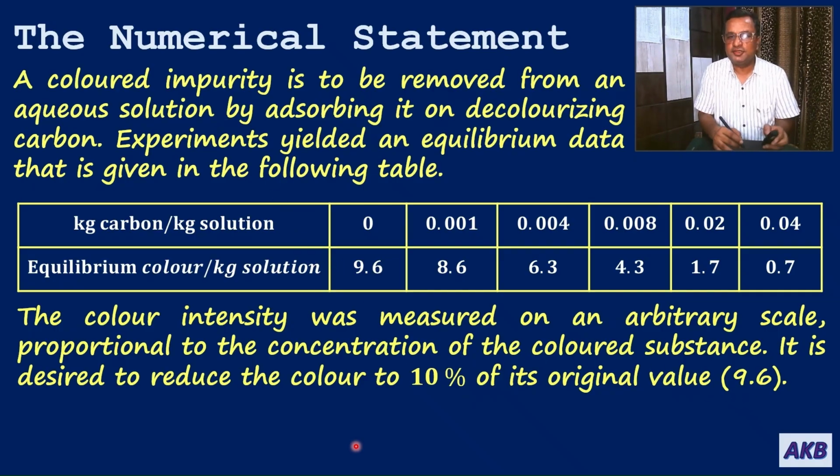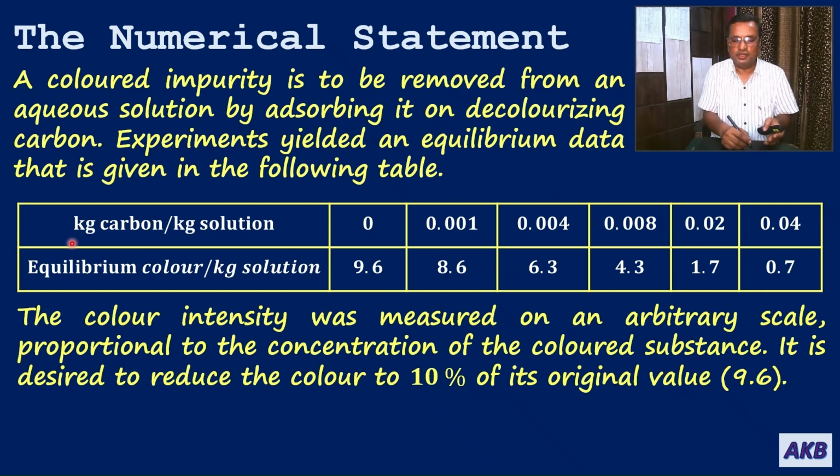So the task is, you have an aqueous solution. The aqueous solution is containing a colored impurity and we have to remove it. And how are you going to remove that? You are going to remove it by adsorbing it on decolorizing carbon. So in this case, decolorizing carbon is the adsorbent. When experiments were carried out, they yielded an equilibrium data which is given in this table.